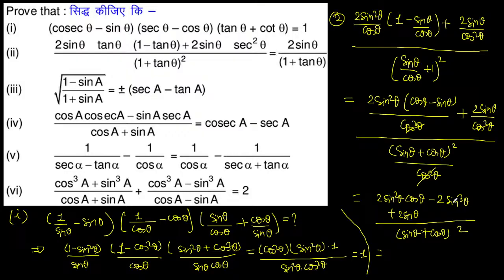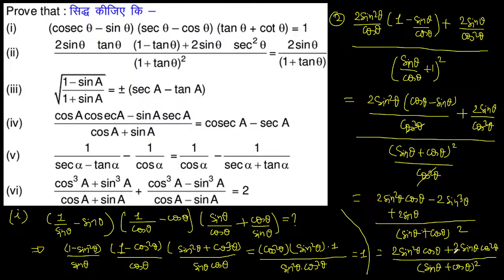If we take 2 sine theta common, it is 1 minus sine square, which is cos square. So we get 2 sine square theta cos theta, 2 sin theta cos square theta. This is divided by sin theta plus cos theta whole square.